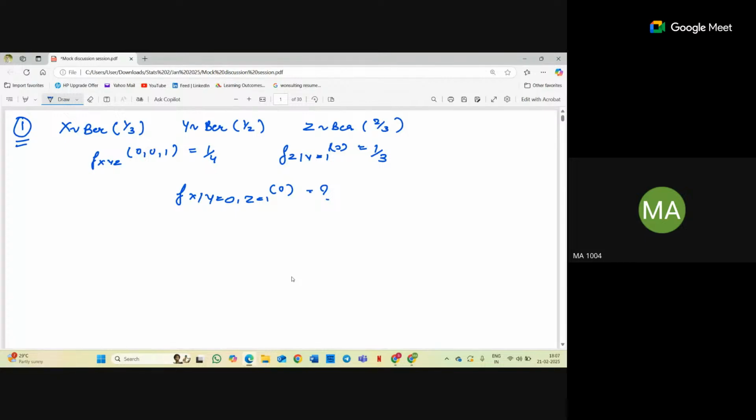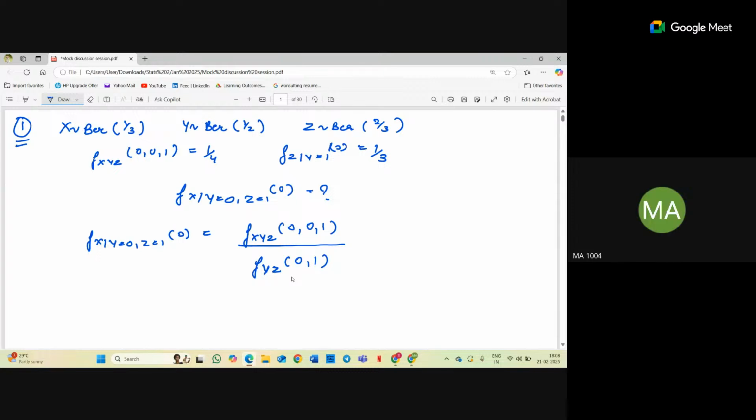Now, this value can be written as f(X, Y, Z) at (0, 0, 1) divided by f(Y, Z) at (0, 1). Can I write it like this? Yes.